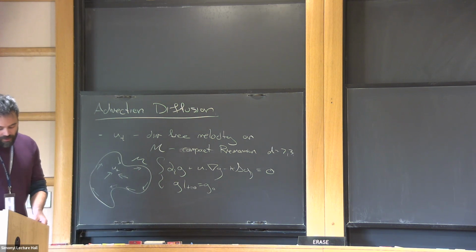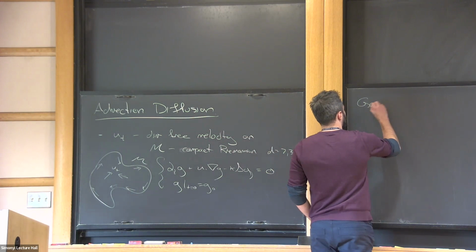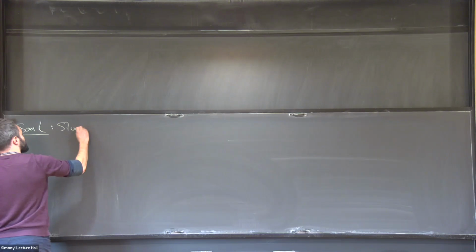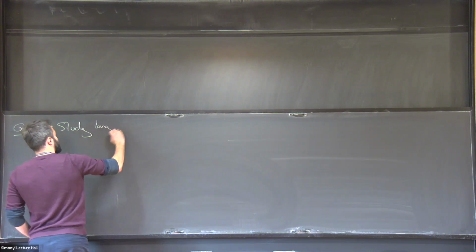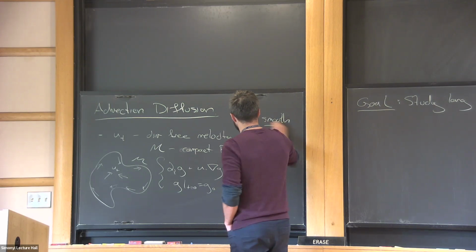Okay, so there are a number of questions we may want to ask, but let's say in general, it is to study the long time behavior of this. Now, I'm being a little sloppy here, I should say. The velocity here, I'm only going to be working in a setting where we're thinking of velocity fields to be smooth.